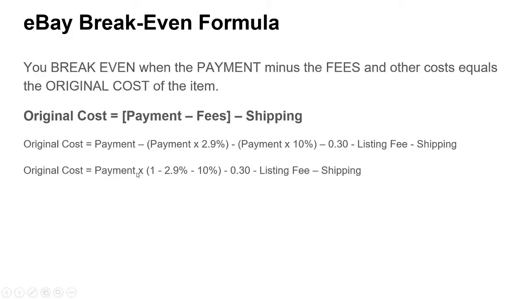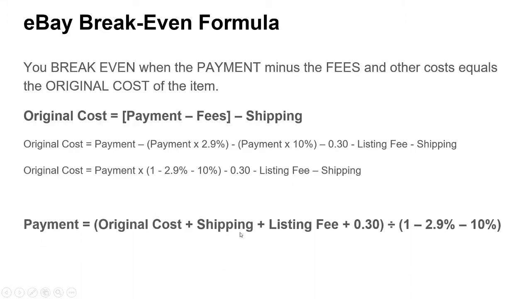You take the payment, and this whole section is the equivalent of the payment times 1 minus 2.9% minus 10%. It will give you the same expression: payment minus payment times 2.9% minus payment times 10%. Right, so we can combine these three into this: payment times 1 minus 2.9% minus 10%, minus the 30 cents from up top, minus the listing fee from up top, and the shipping.